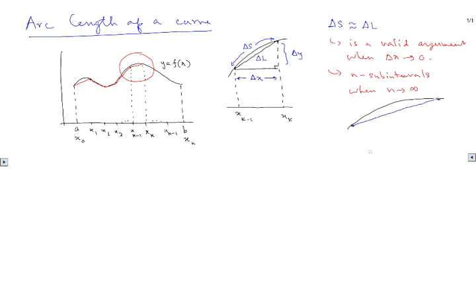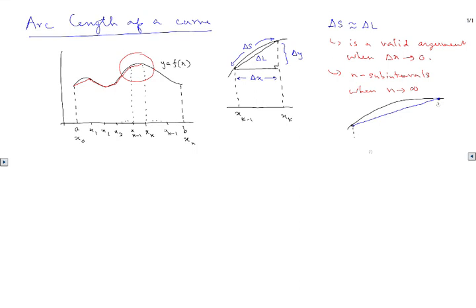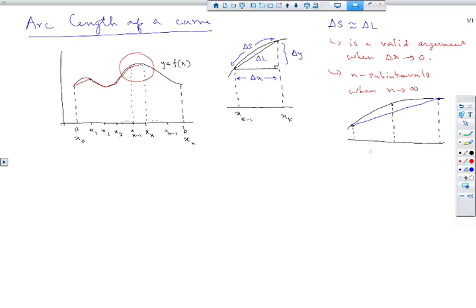That means you approximate the arc length by this straight length. But let's say you cut this in half, introducing one more cut in the middle. What's going to happen? Now your new lines look like this.